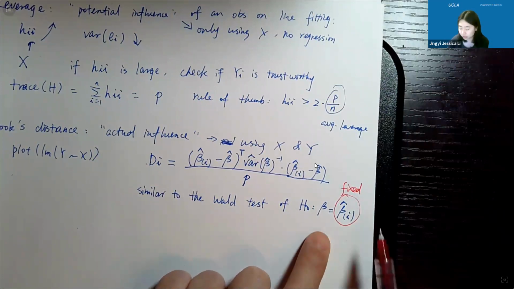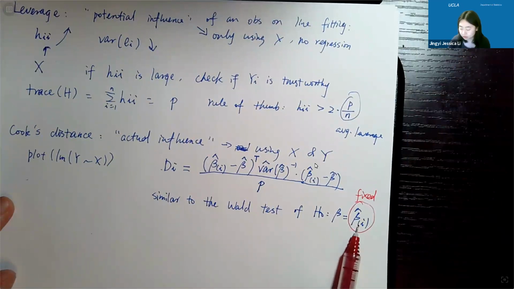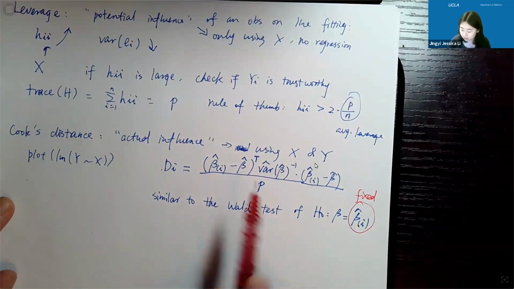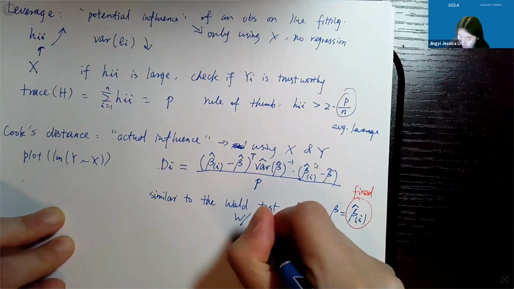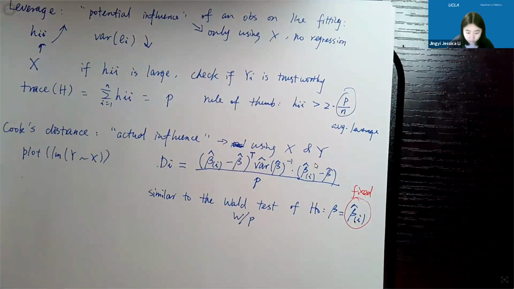So here we're assuming this to be fixed, and we are testing whether our beta equals this thing. That's why this is just a Wald test statistic, similar to the Wald test W divided by P. In the Wald test there's no division by P, but here we have the division by P. So that's the Cook's distance. It's just a way to quantify the change in the slope estimate as you remove data point i. So that's about the actual influence.